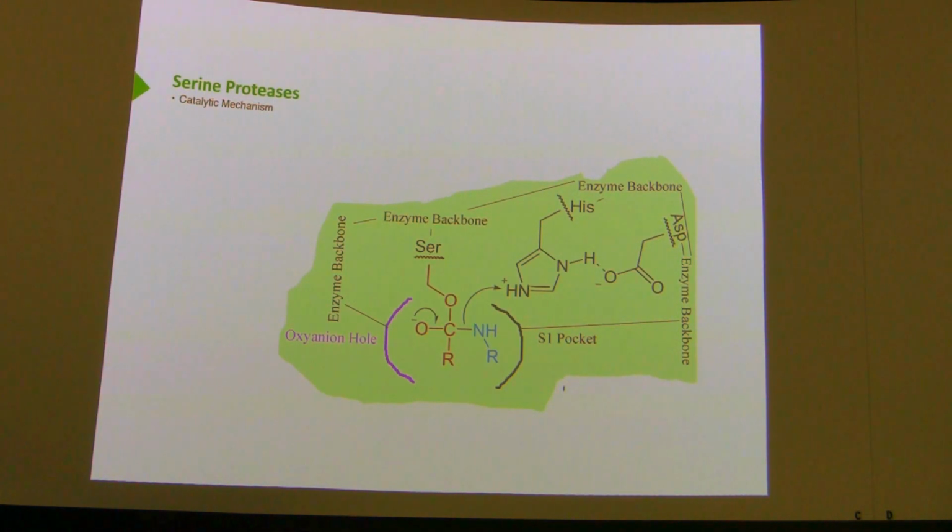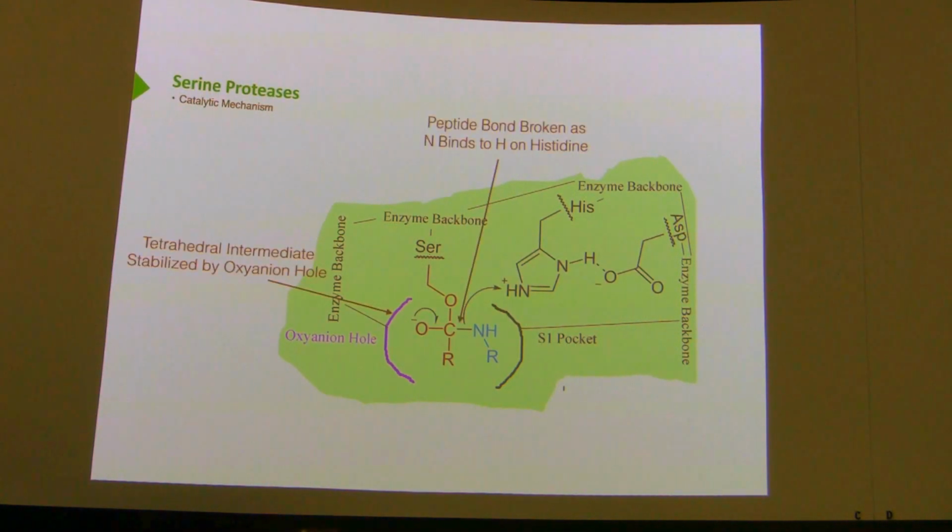So we don't want any more reacting of that carbon that's bound to the oxygen. So the oxyanion hole stabilizes that, and we'll see that this bond between the carbon and the nitrogen falls apart. So the oxyanion hole stabilizes the unstable intermediate and allows it to fall apart. Okay?